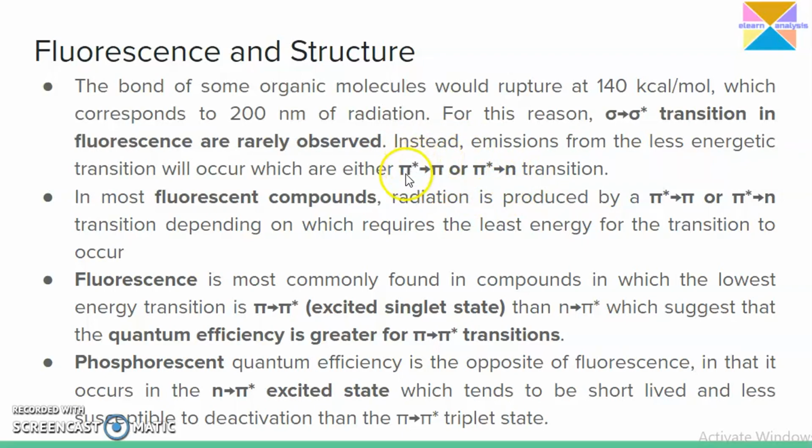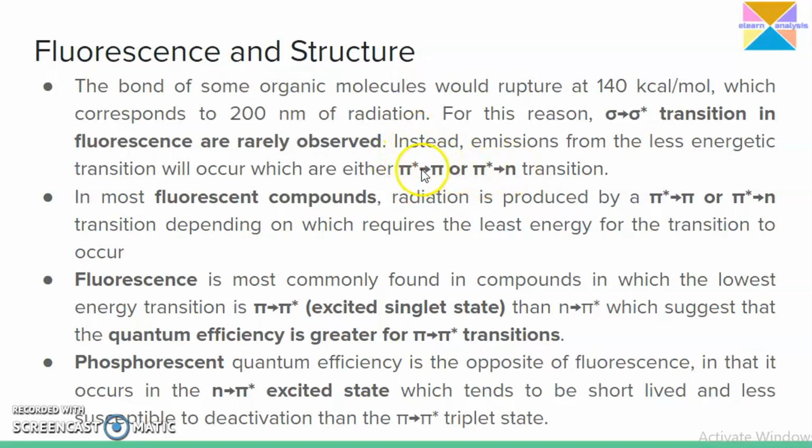The reason for representing pi star to pi is that fluorescence, since it is an emission phenomenon, is the simple journey of an electron from the excited state to the ground state. I mean to say, it is the pi star, which is an excited, anti-bonding state, to the pi transition, which is a bonding state.